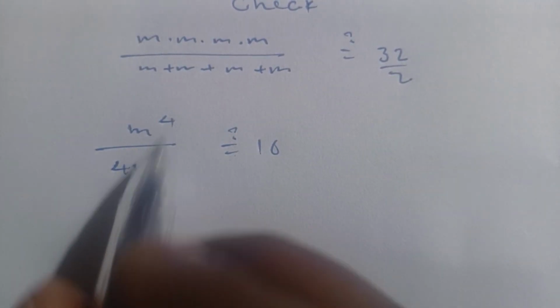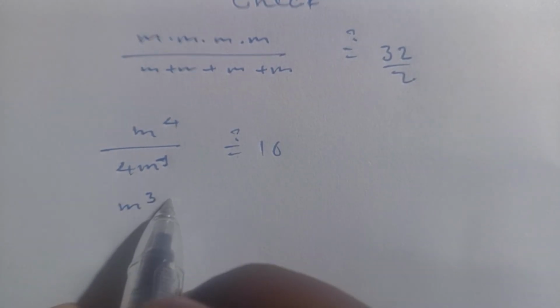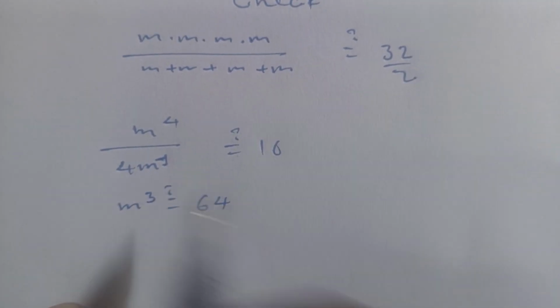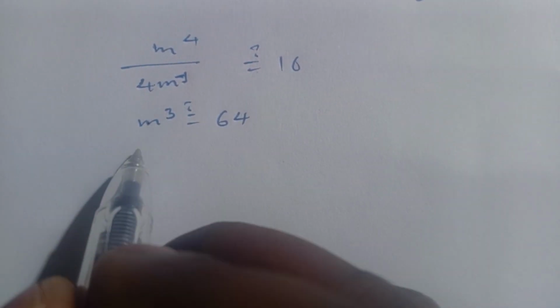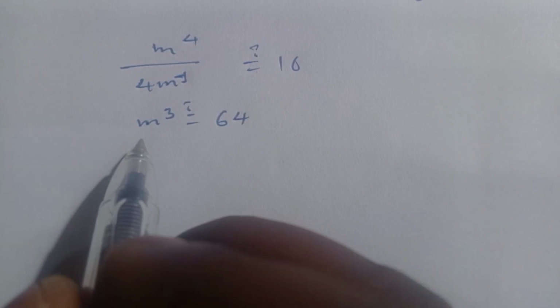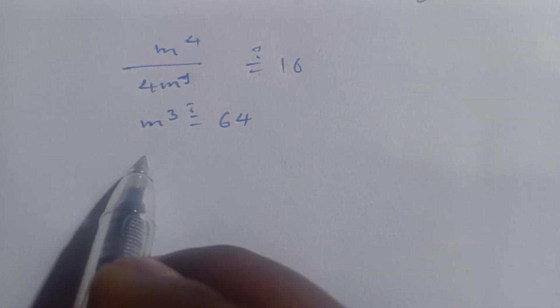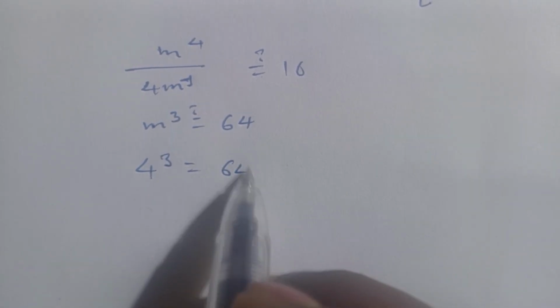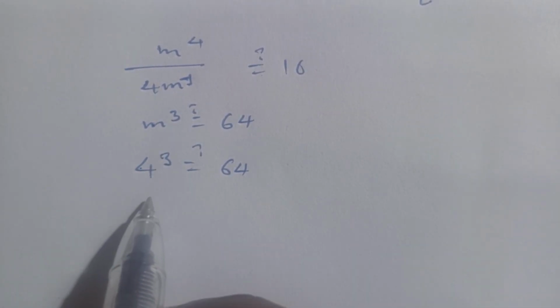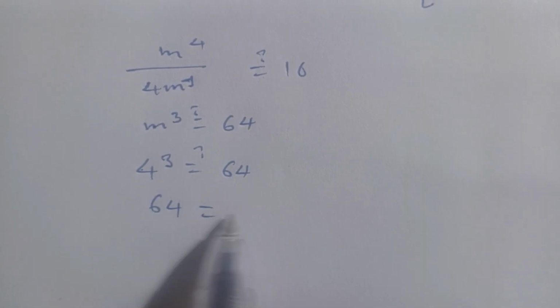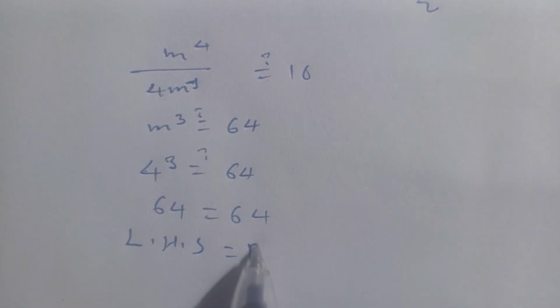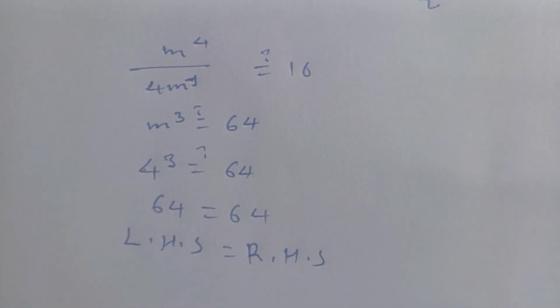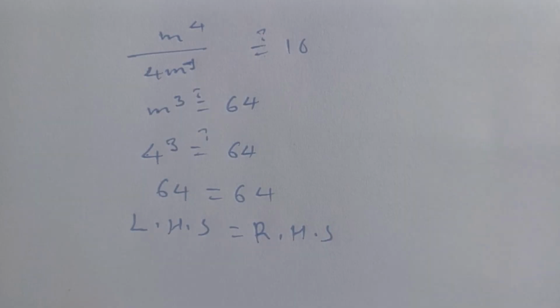That means M raised to 3 equals 64. M gives us 4, the real solution 4. Then 4 raised to 3 equals 64, so 64 equals 64. Left hand side equals right hand side. So the solution is correct.